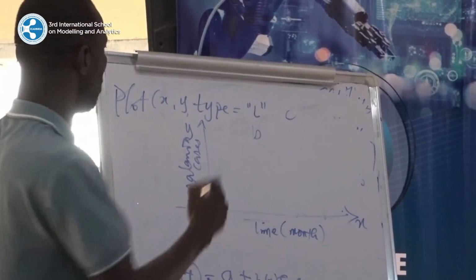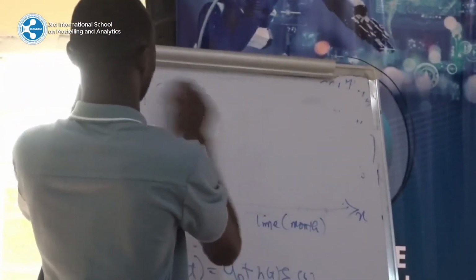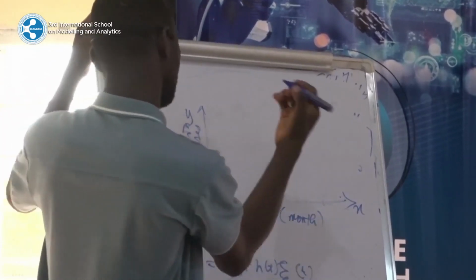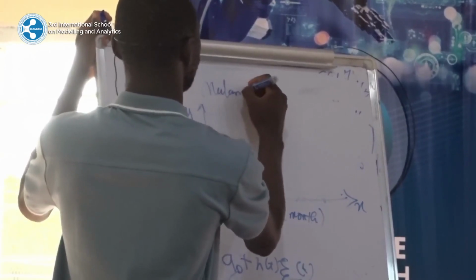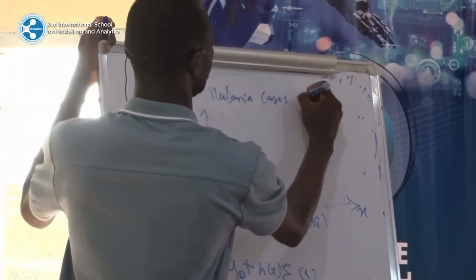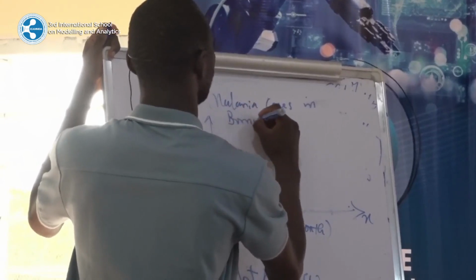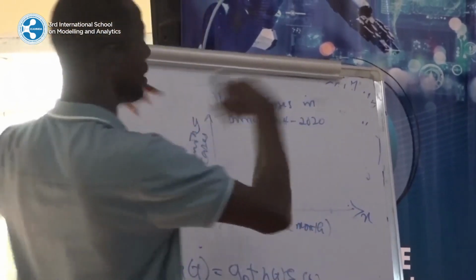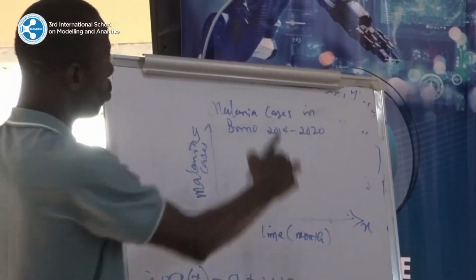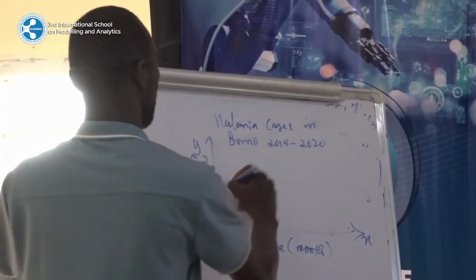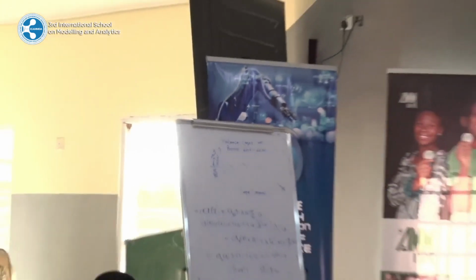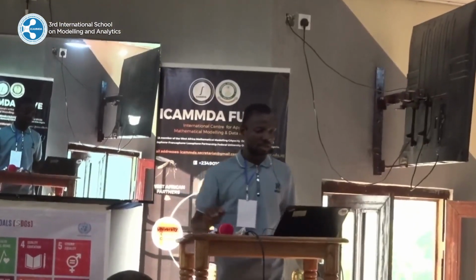Maybe the main title is malaria cases in Borno, 2014 to 2020. So you want to put this all by yourself because you have something you want to represent to show to us. You can do that making use of main, xlab, and ylab. Are we together?